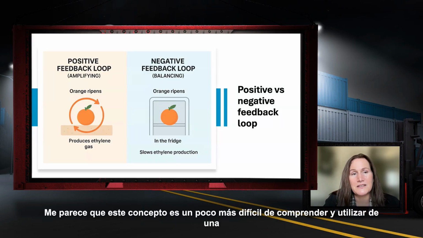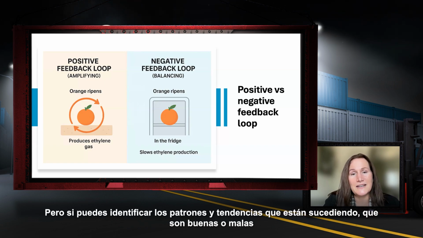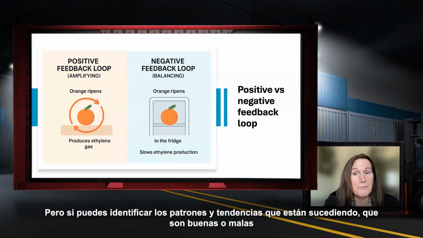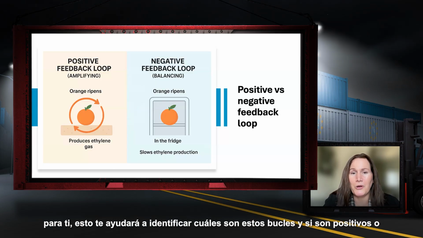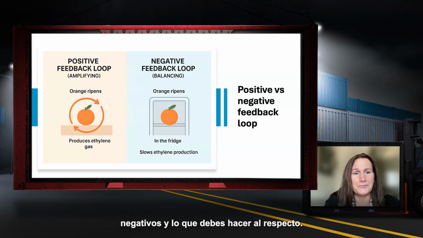This concept is a little bit harder, I find, to wrap your head around and use in a practical way. But if you can identify the patterns and trends that are happening that are good or bad for you, that will help identifying what these loops are and whether they're positive or negative and what you need to do about them.